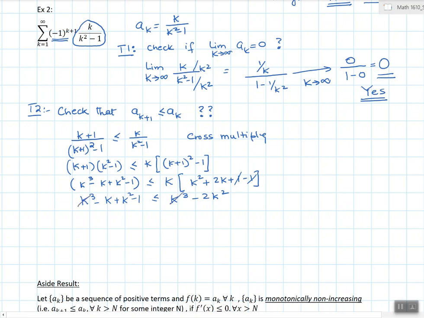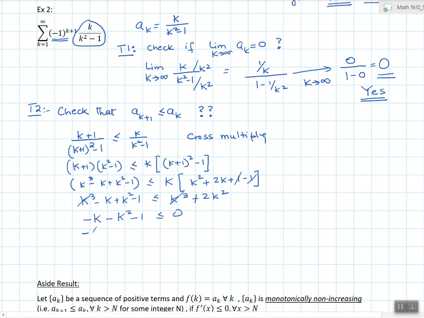So k cubed and k cubed cancel. If I bring this term on this side, I'm going to get minus k, and this term was plus 2k squared, so when it comes on this side, I'm left with minus k squared and then minus 1 less than or equal to 0.